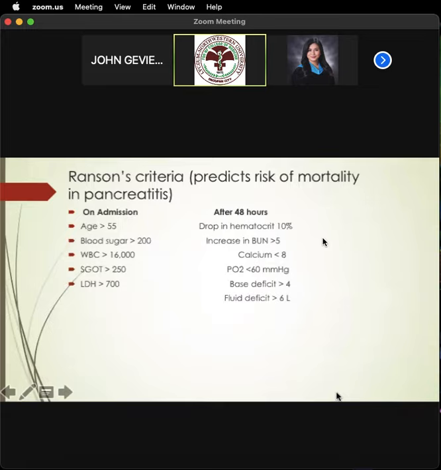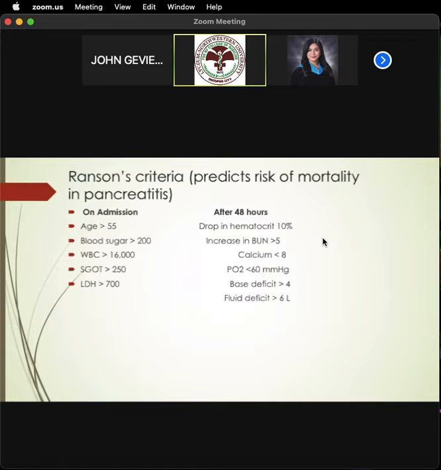Okay, the popular risk stratification of pancreatitis is Ranson's criteria. The purpose of this is to predict the risk of mortality in pancreatitis. You can see the parameters: age, blood sugar, WBC, SGOT, LDH, which you should request during admission.